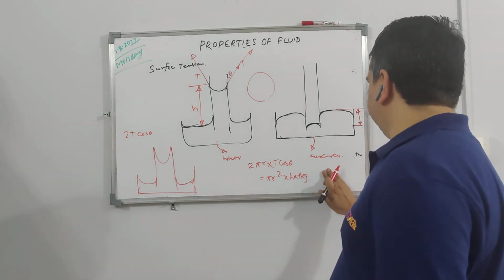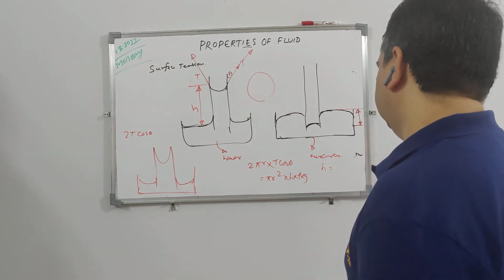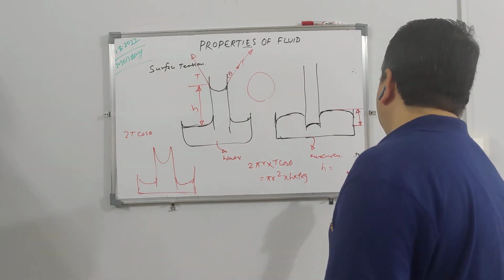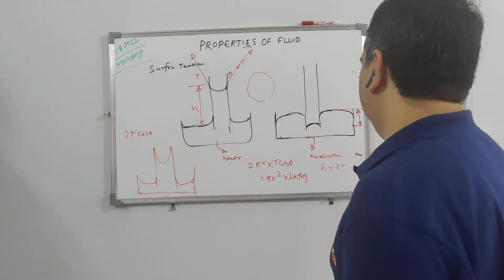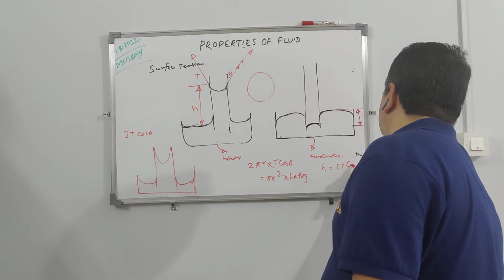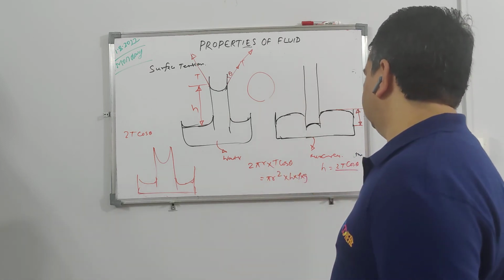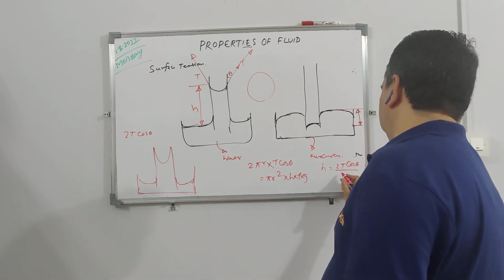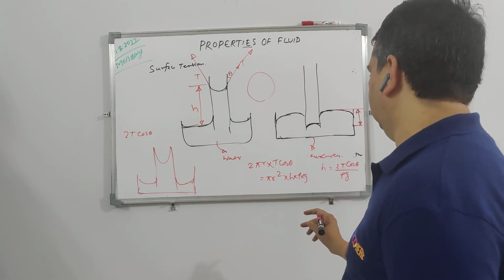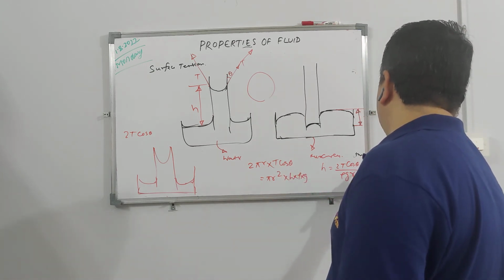So then my H will become, pi cancels, r also cancels, and it becomes 2T cos theta by rho g r.